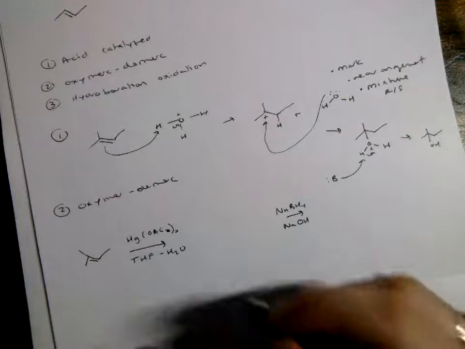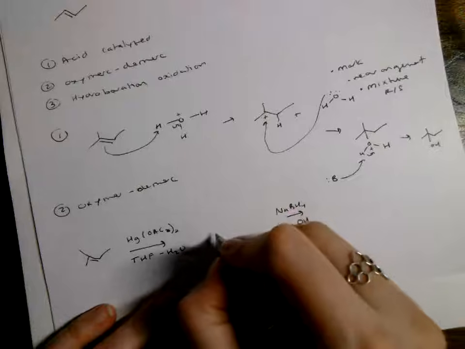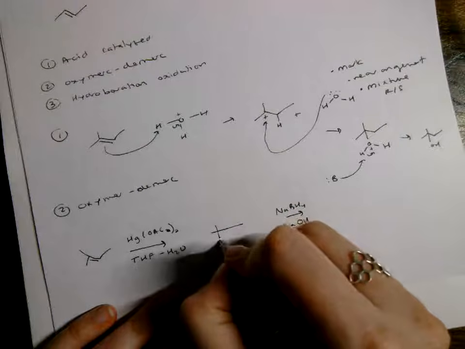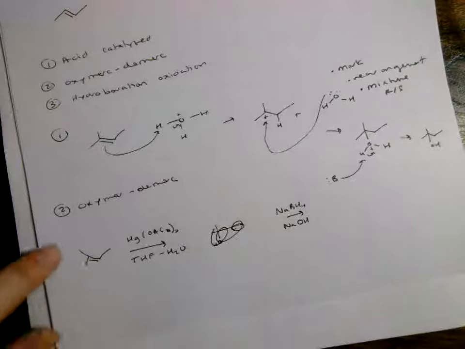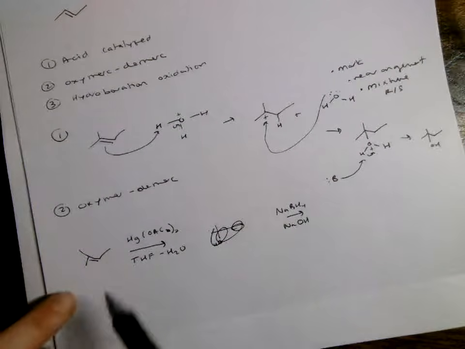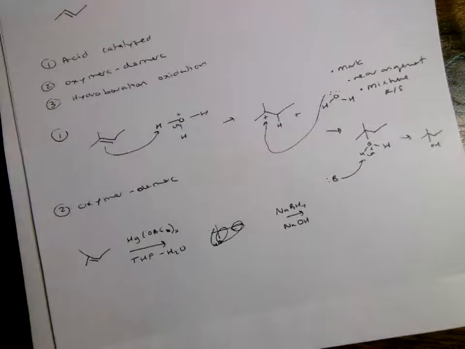So after the first step, you're actually going to end up with your OH added. Well, here, let me draw it like this. So basically what happens is this crazy triangle forms with this group, and I think it's worth it for you to look over the mechanism, but I don't think it's worth it for me to take the time to draw it for you right now.